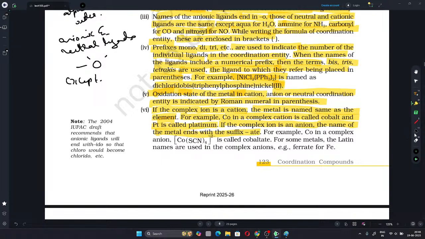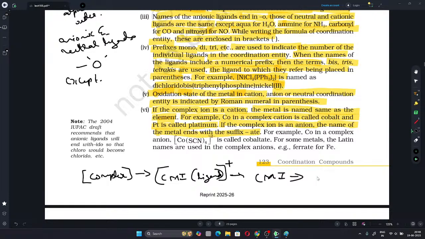Basically, in a complex where the basic complex is central metal ion and ligand, if it is positively charged, the central metal ion will keep the metal name only, but if it is negatively charged, then the central metal element name will end with -ate.